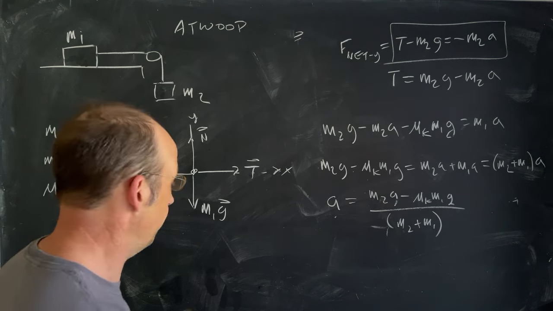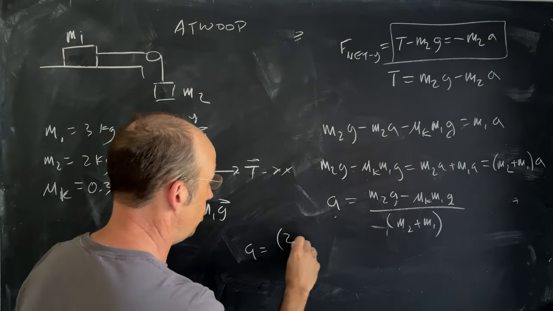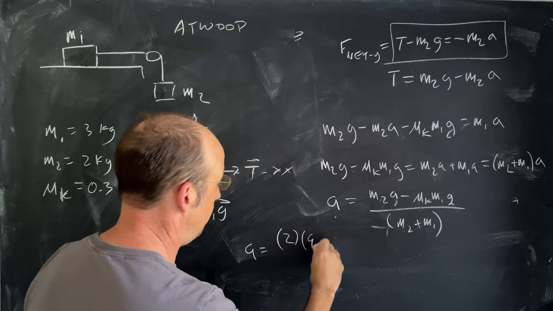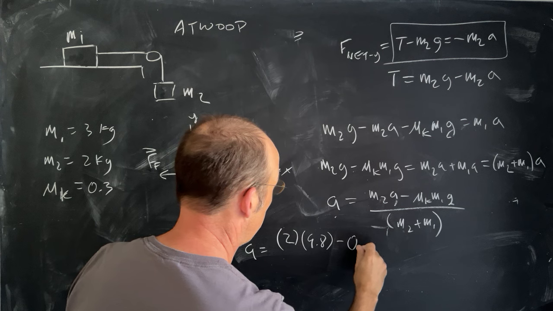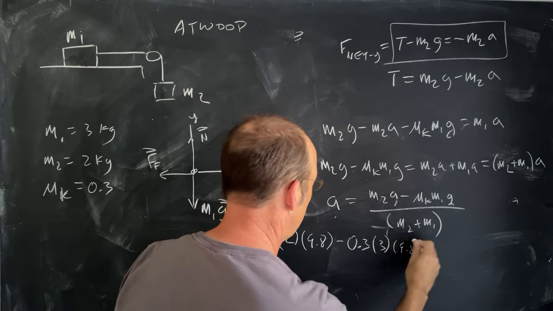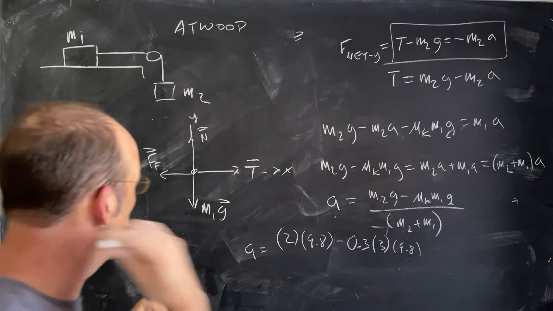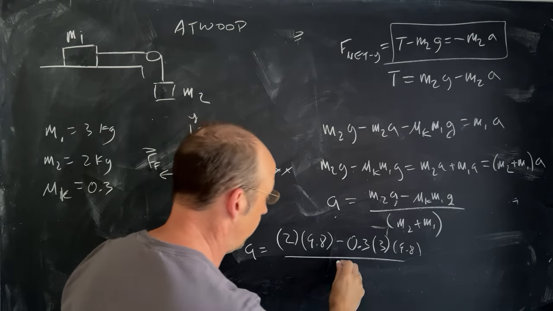Okay, let's just plug in our values. So I have a is m2, which is 2, times 9.8 minus 0.3 times 3 times 9.8. Is that right? Yeah. All of that over m1 plus m2, which is 2 and 3, so it's 5.